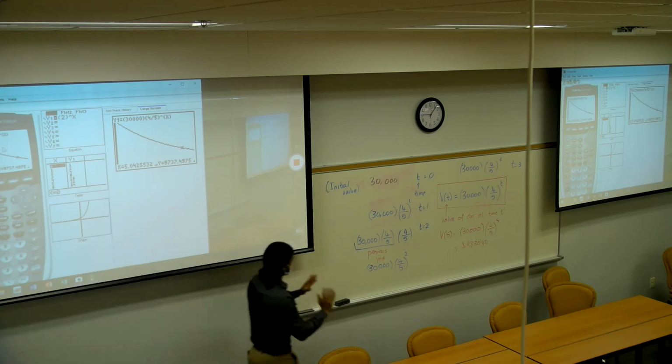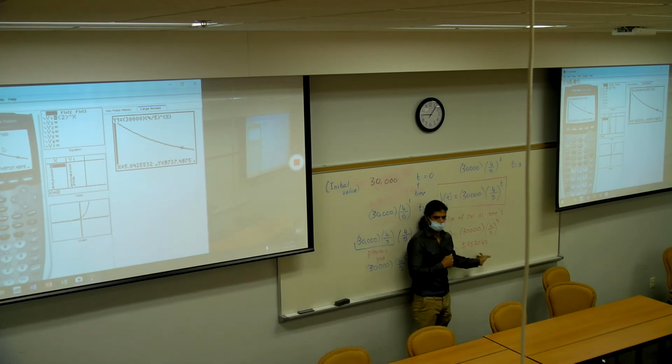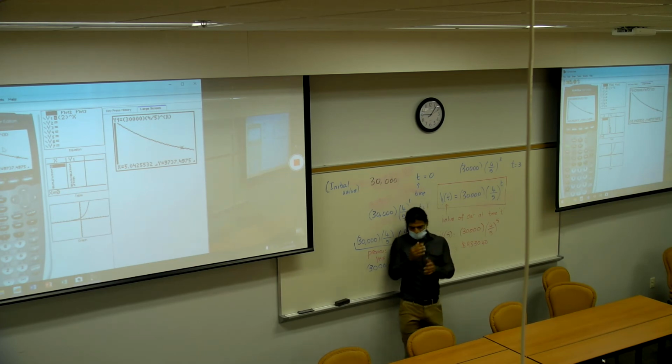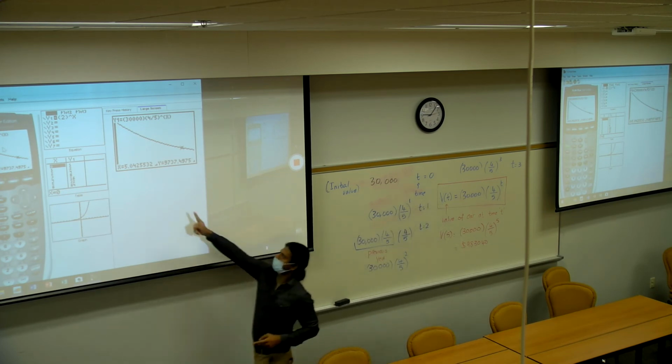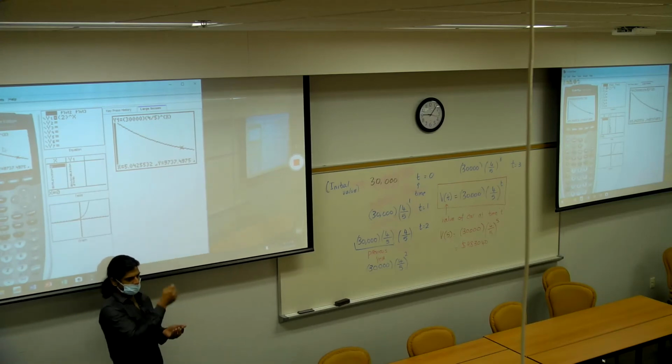But what is the actual value? The actual value is $9,830.40. Yes? Now, why is there a discrepancy? I'm not evaluating exactly at 5. I'm evaluating at 5.04. Good?